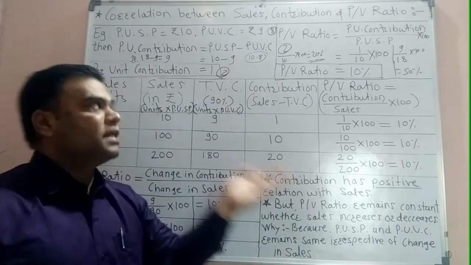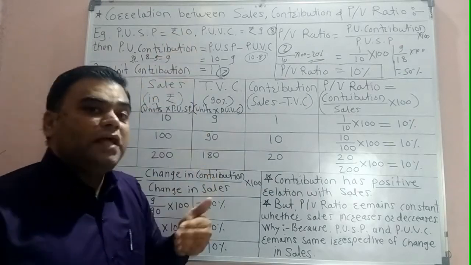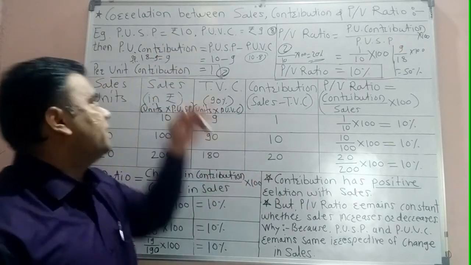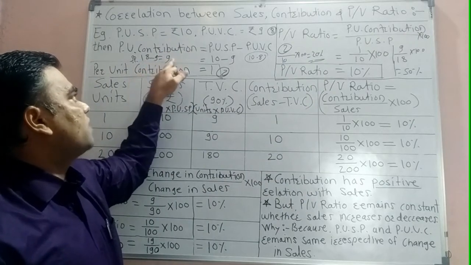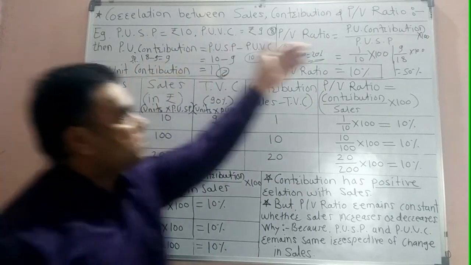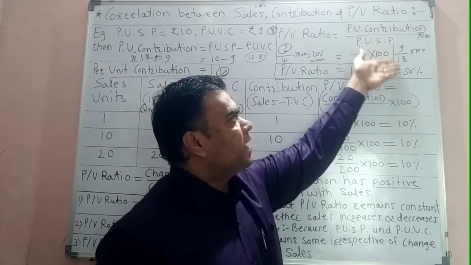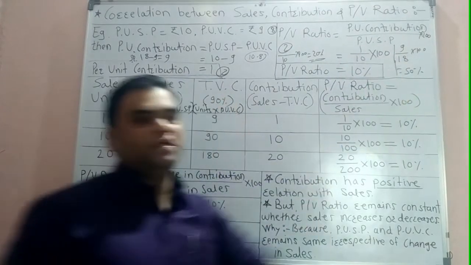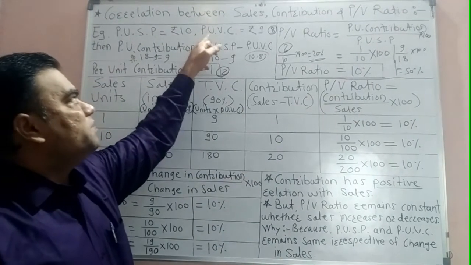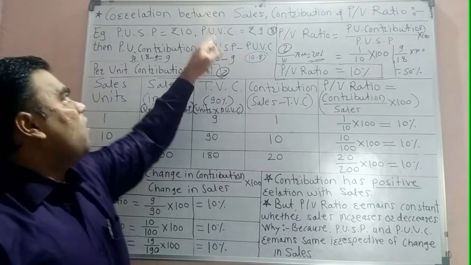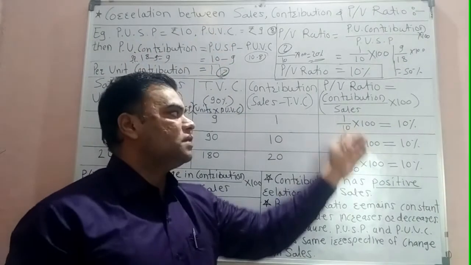We have also seen that if we make a change in selling price, suppose instead of 10 we take new per unit selling price 18, so 18 selling price less original 9 variable cost, 9 is contribution. So contribution 9 upon new selling price 18, 9 upon 18 into 100, so 50% is the new PV ratio. Means if you make a change in per unit variable cost or per unit selling price, then only your PV ratio changes.